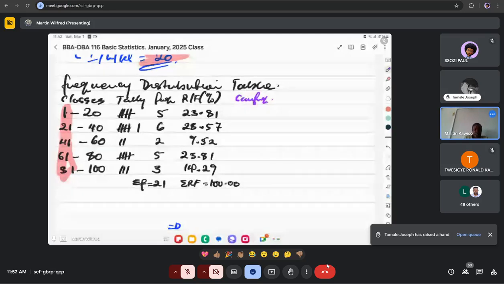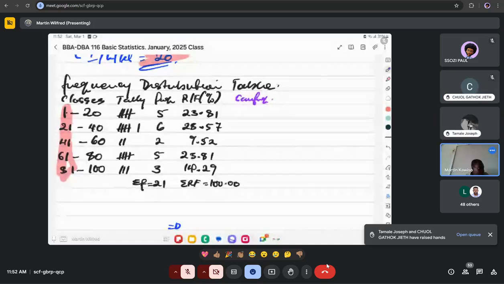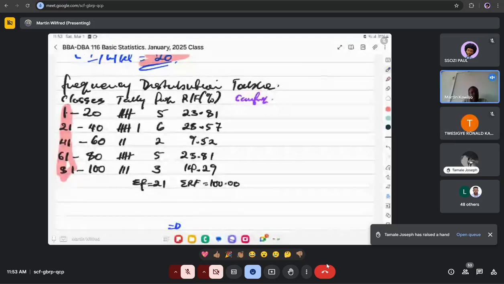I still don't get it. What do you multiply exactly? We are saying 5 divided by 21.